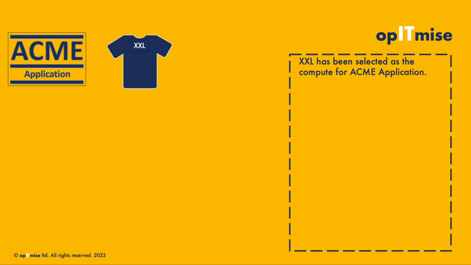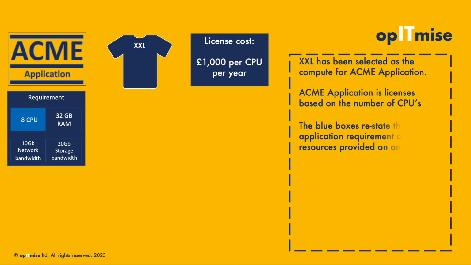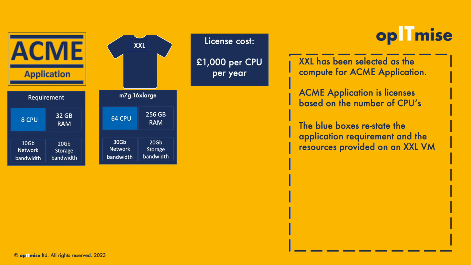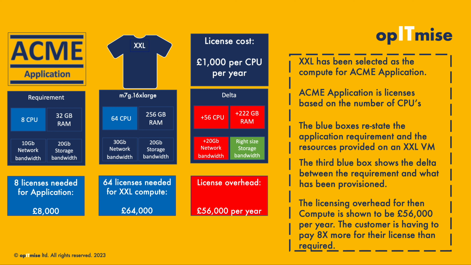So, if we understand that XXL has been selected as the compute for Acme application, the way Acme application is licensed is based on the number of CPUs that are being used. The blue boxes restate the application requirement and the resources provided on the XXL VM. The third blue box shows the delta between the requirement and what has been provisioned.